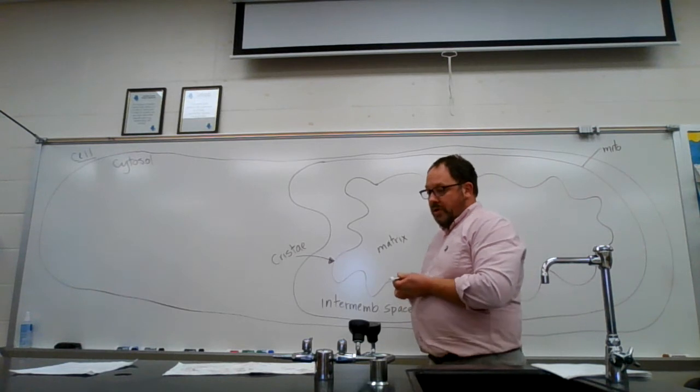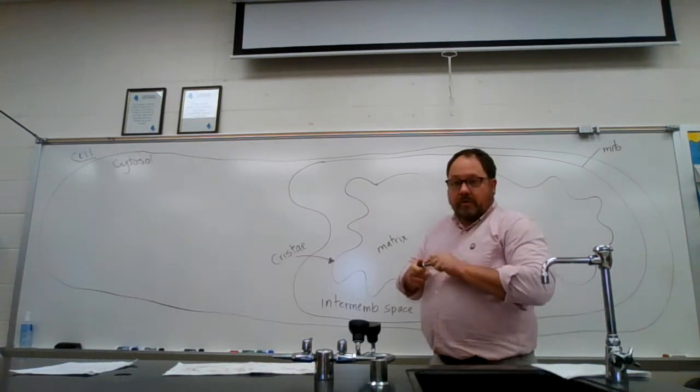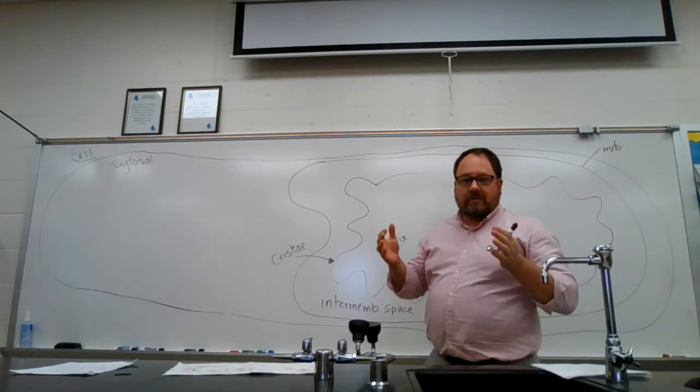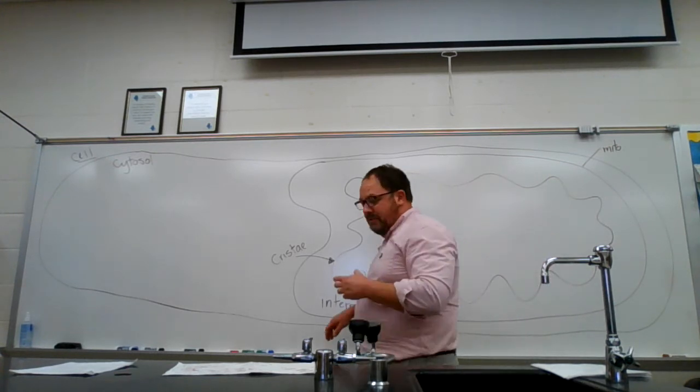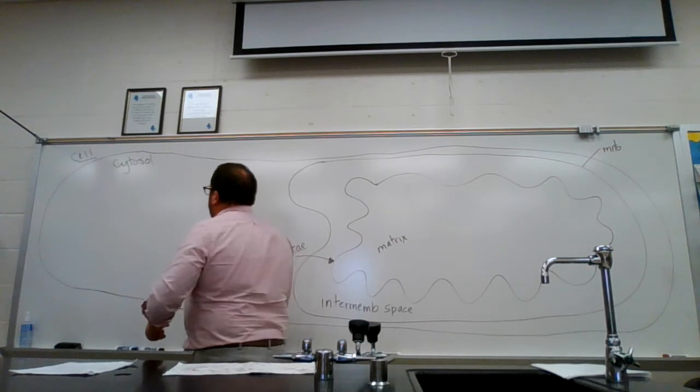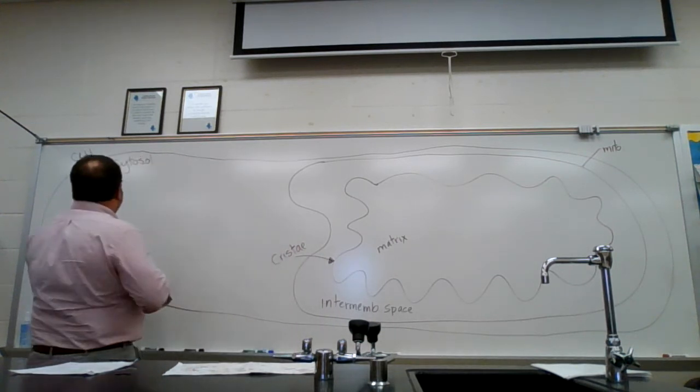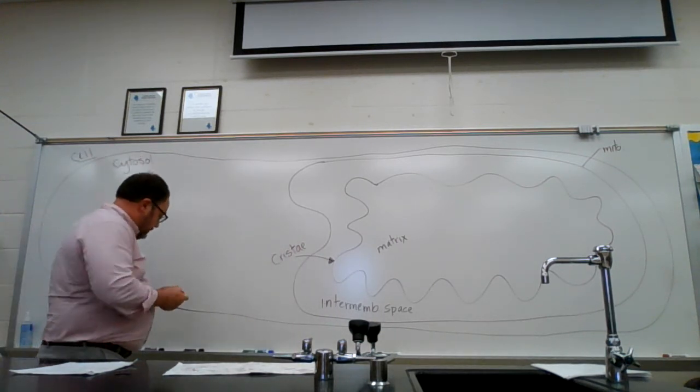Now, we know that cellular respiration happens over the course of a few different steps. Okay, so what I'd like to do is begin with our original energy molecule, and that is glucose.